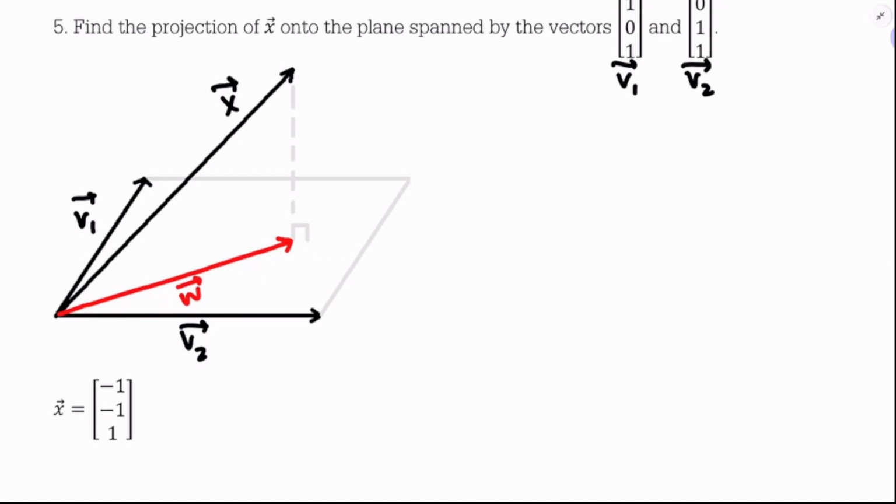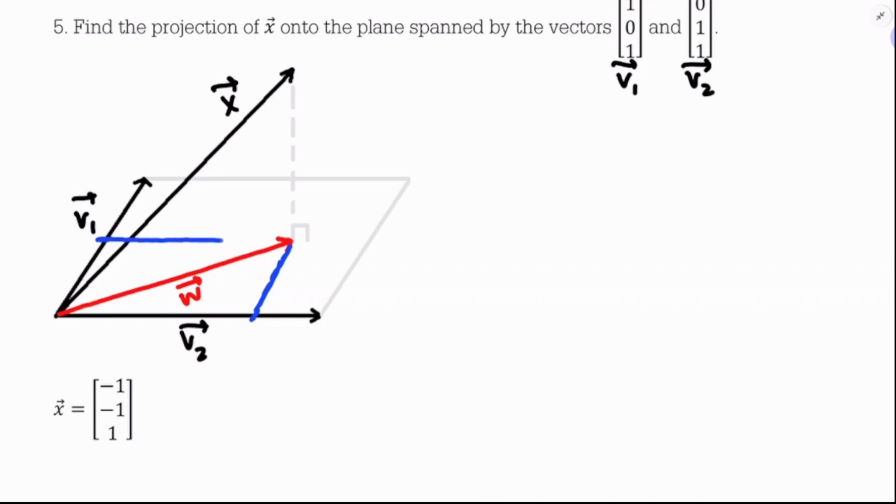Okay, so what was I thinking? What I was trying to say was that the projection of X onto V2 should probably come down around, say, about there, plus the projection of X onto V1, which should be right there.